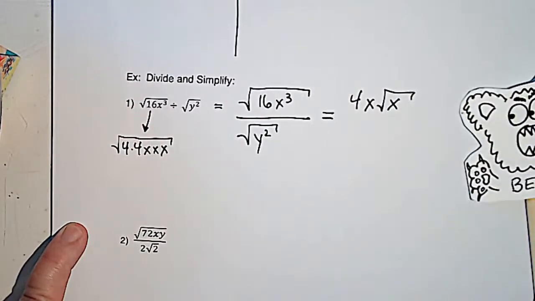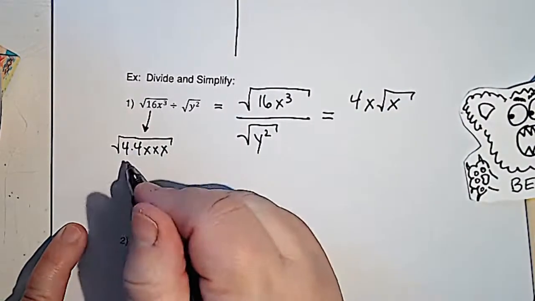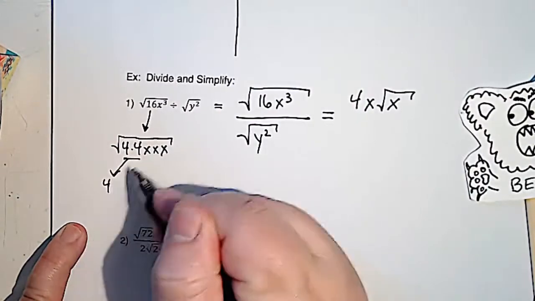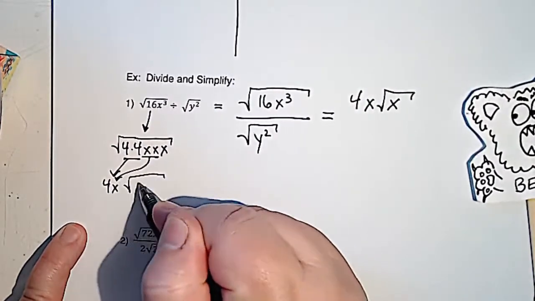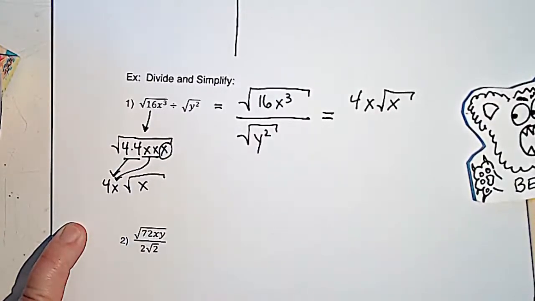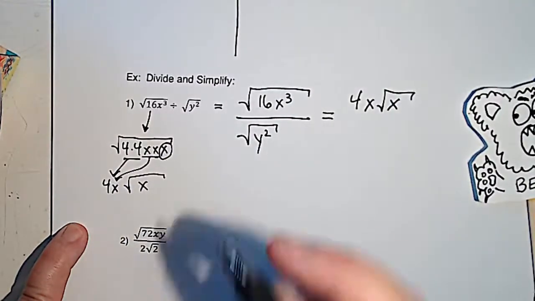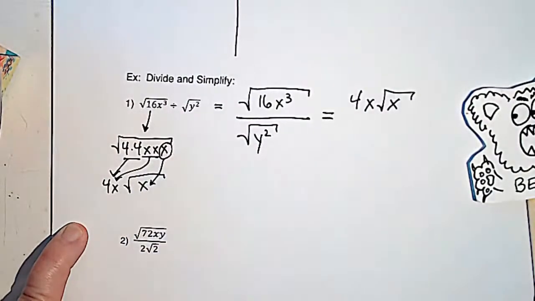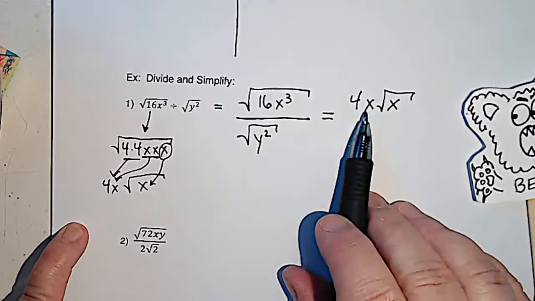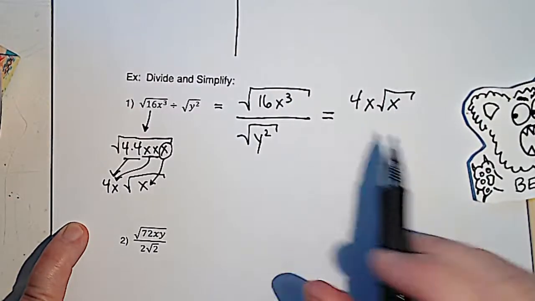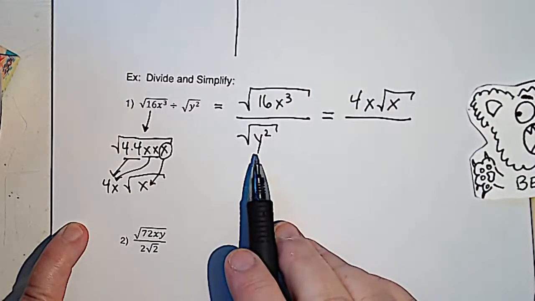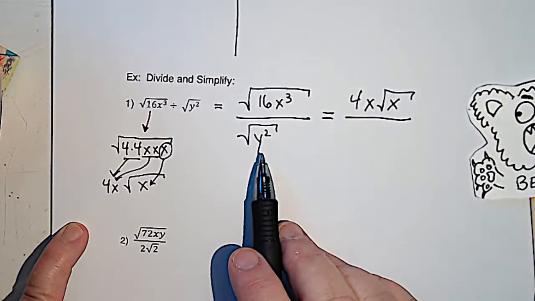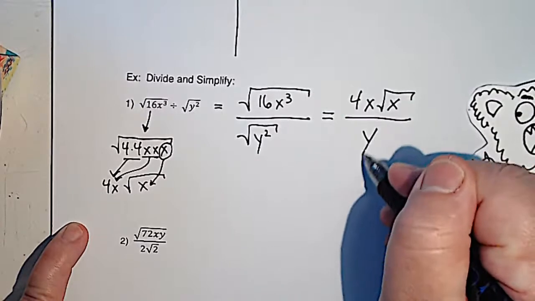Take a moment if you're not sure to confirm that what I am saying makes sense. The 1 x gets left behind, and 2 x's go running and 2 4's go running, and they come out as 4x radical x. Down in the denominator, this would be radical y squared, so that would be just y.